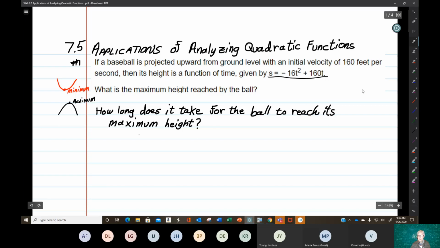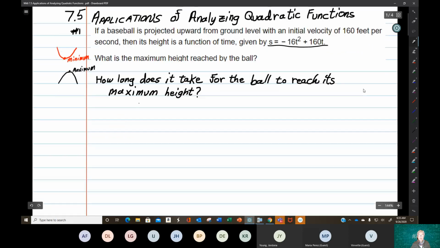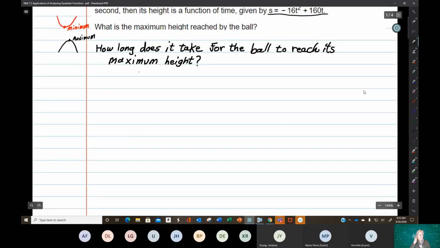Before we start, there's a general formula, H of t. You are not expected to memorize this, but I just want to help you make sense of these problems.